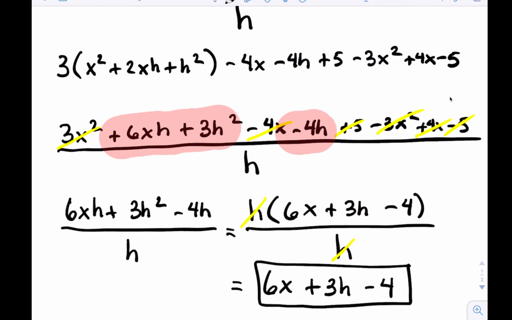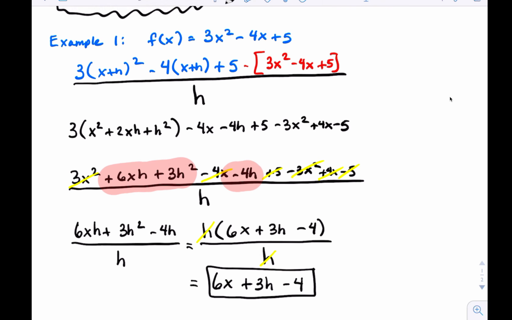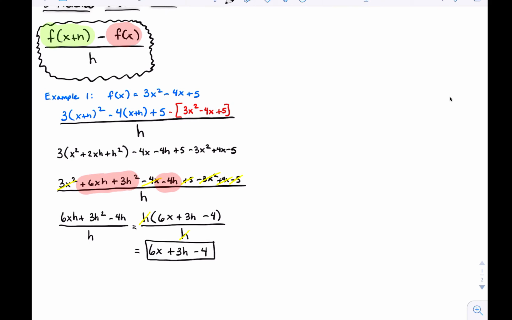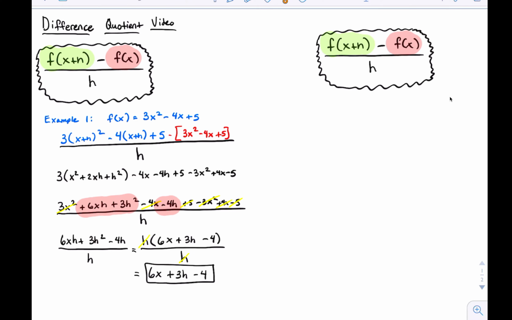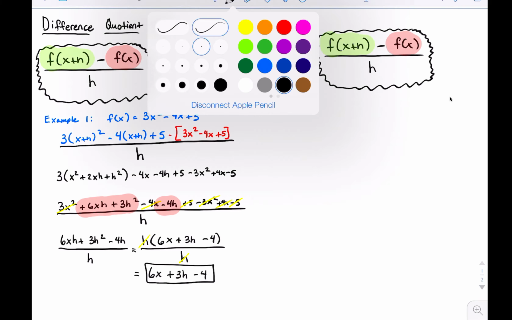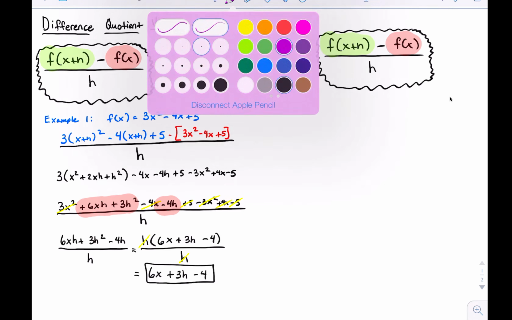Again, I took my time, followed the formula, and that's how I came up with the answer. Now I'm going to copy this and drag it over here so that I can do my next problem.